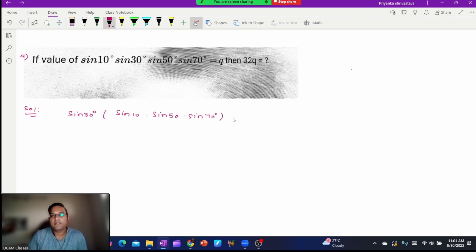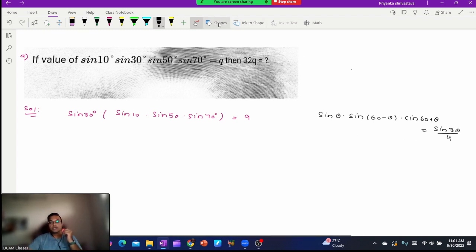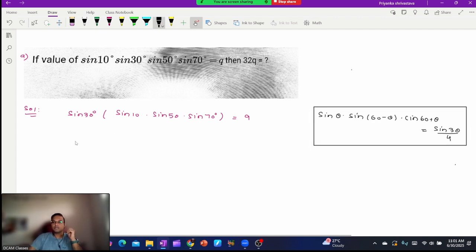If you remember, this is actually similar to the formula sin theta into sin of 60 minus theta into sin of 60 plus theta. The result of that is sin 3 theta by 4. This is an identity I made you prove in the class. So we will be using it here.